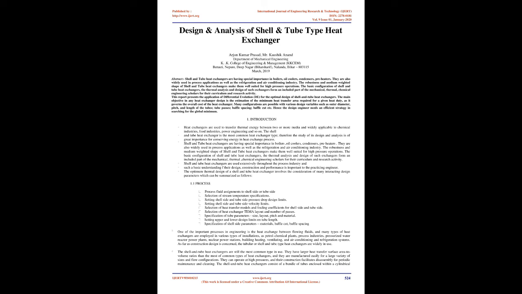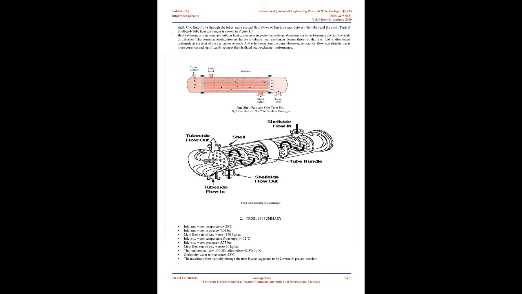Setting shell side and tube side pressure drop design limits. Setting shell side and tube side velocity limits. Selection of heat transfer models and fouling coefficients for shell side and tube side. Selection of heat exchanger TEMA layout and number of passes. Specification of shell side parameters, materials, baffle cut, baffle spacing.